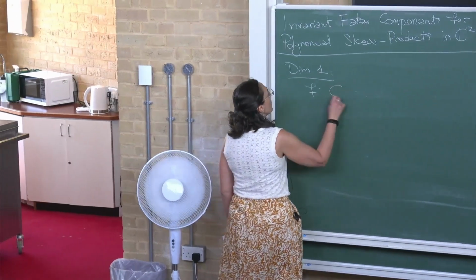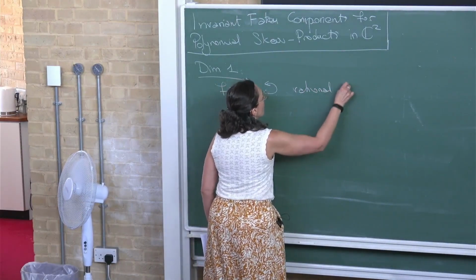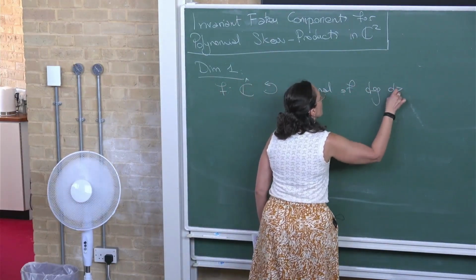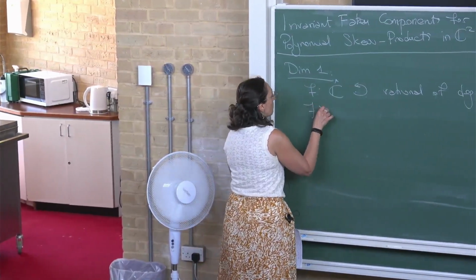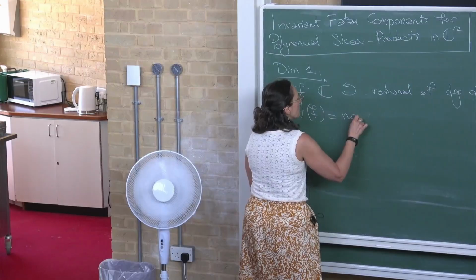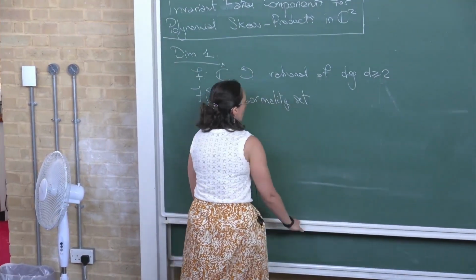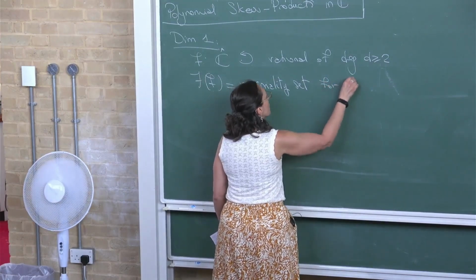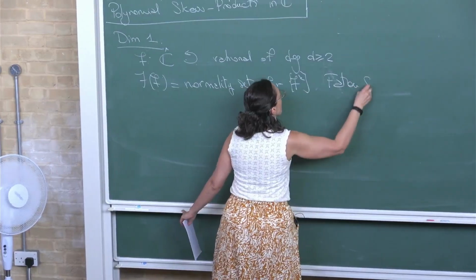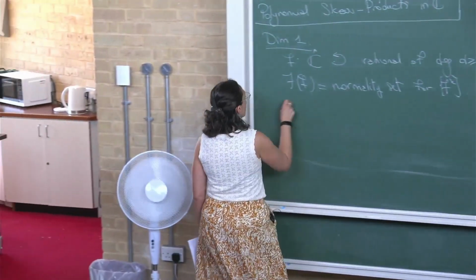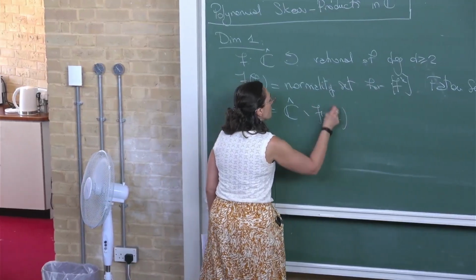So if I take a rational map of degree d at least 2, we introduce the Fatou set as the normality set for the family of iterates, and the Julia set as the complementary of the Fatou set.